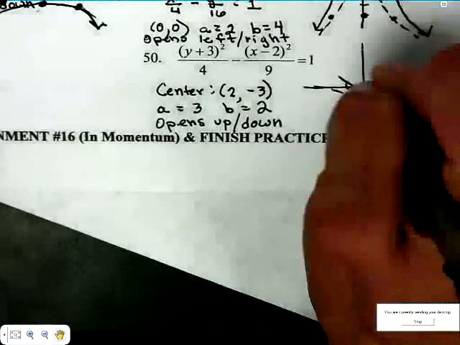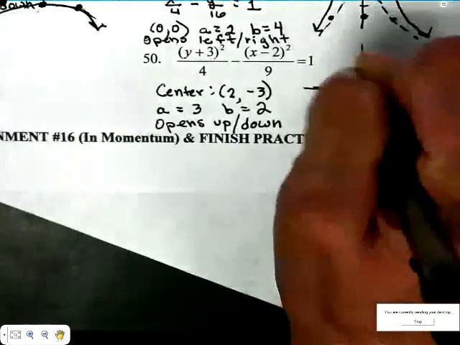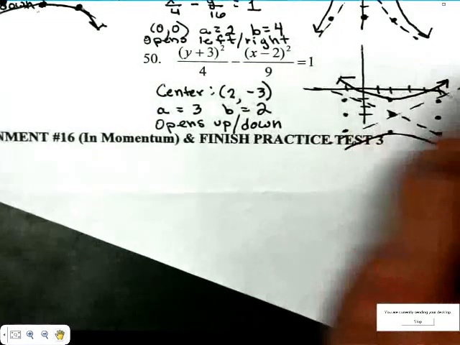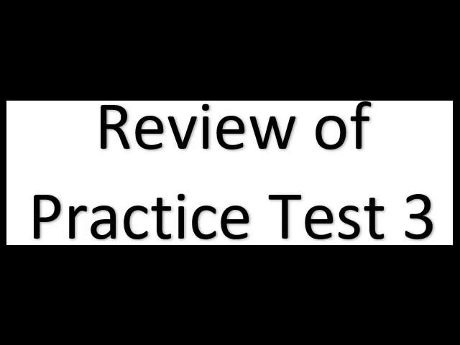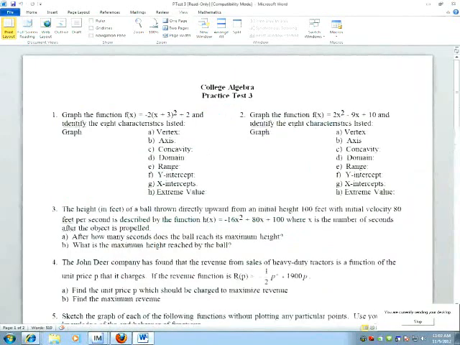So just go through the 2 points that were determined by counting up and down from the center. That's better.